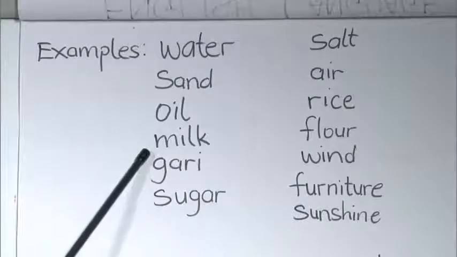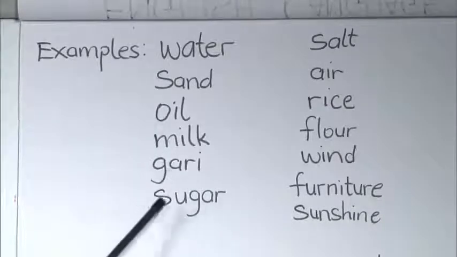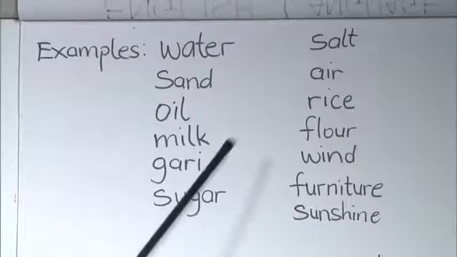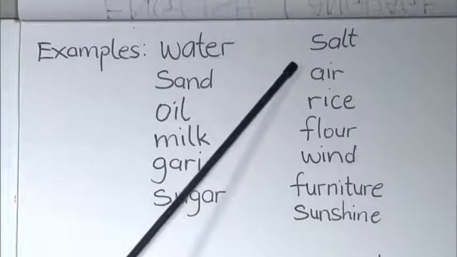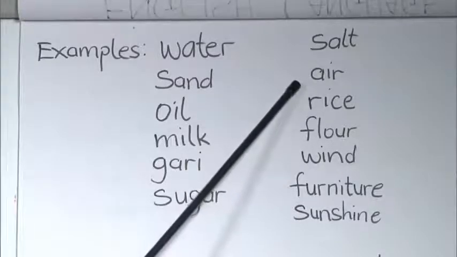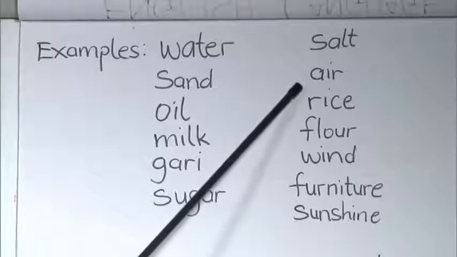Gari. Sugar. We cannot count sugar. Salt. We have air. We breathe in air. Air is all around us. We cannot count air.